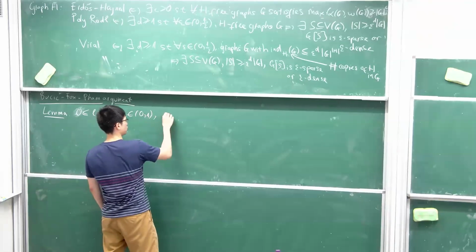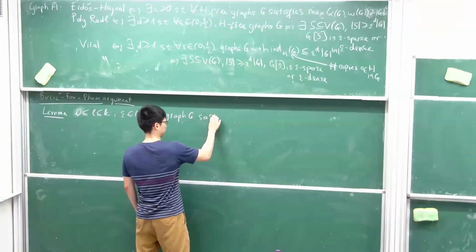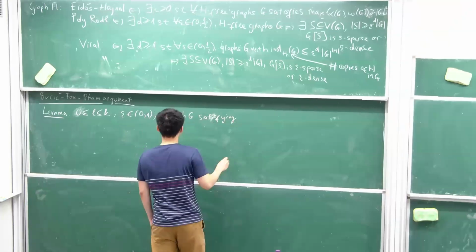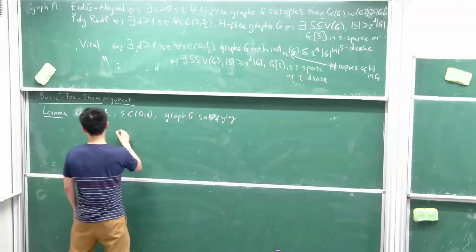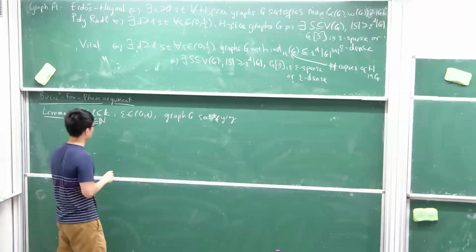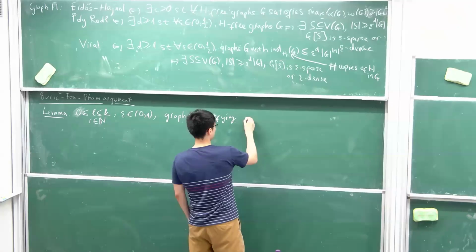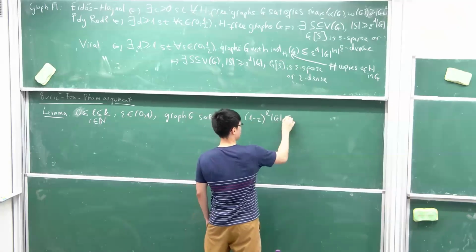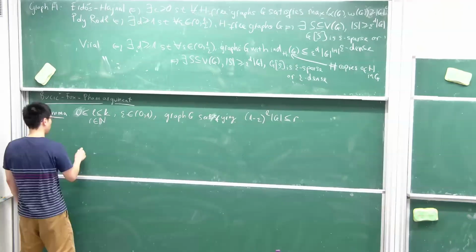Then we have a graph G. There's also a number R, which is a positive integer, and the graph G satisfies (1 minus epsilon) raised to the power of L times the number of vertices of G is at most R.